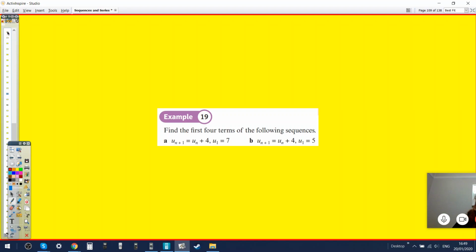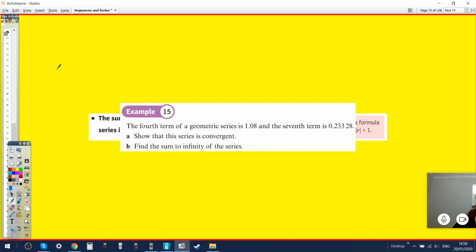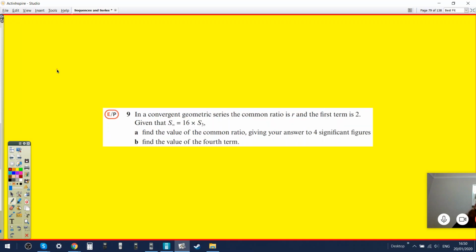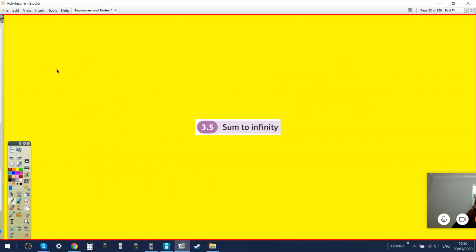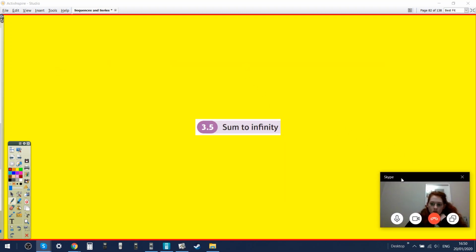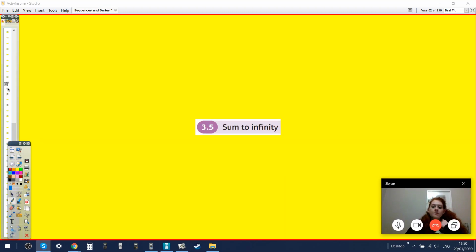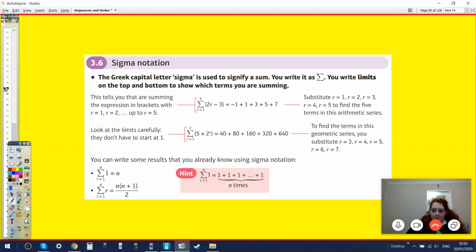So, sigma notation uses the formulae that come before it: arithmetic, geometric, and sum to infinity. So you just have to sub them in.